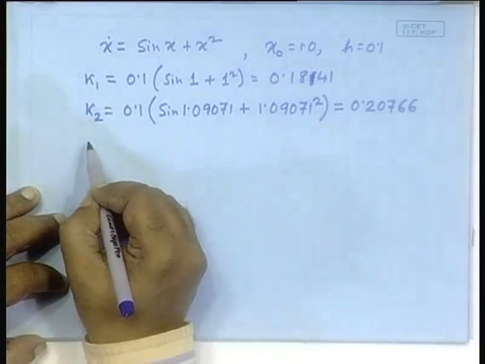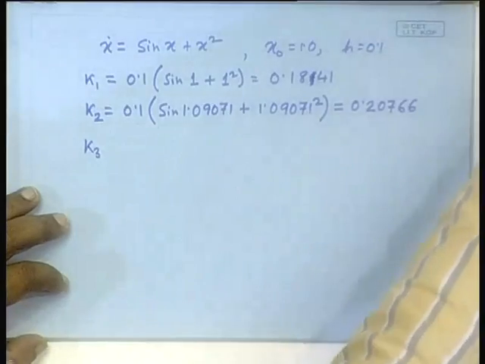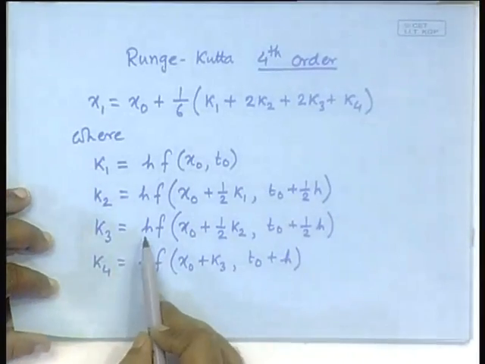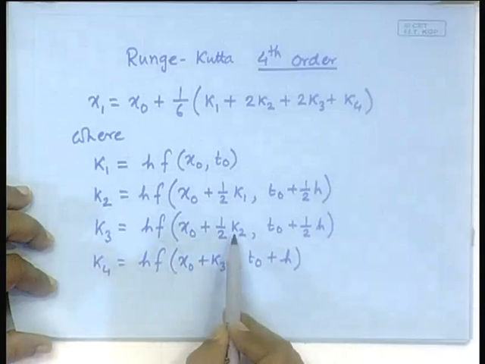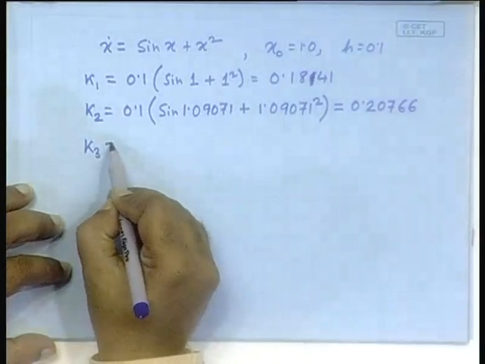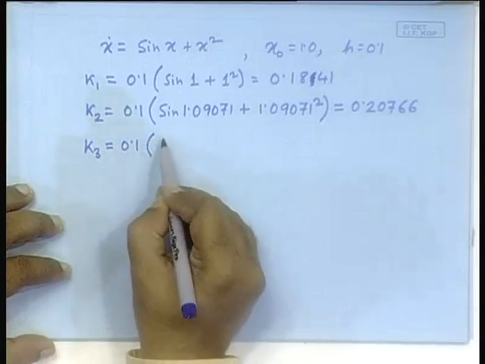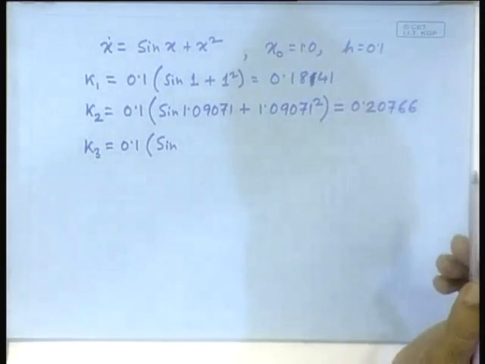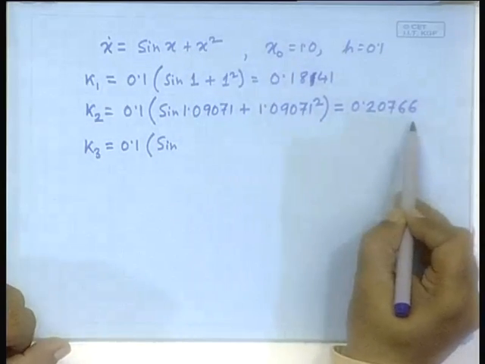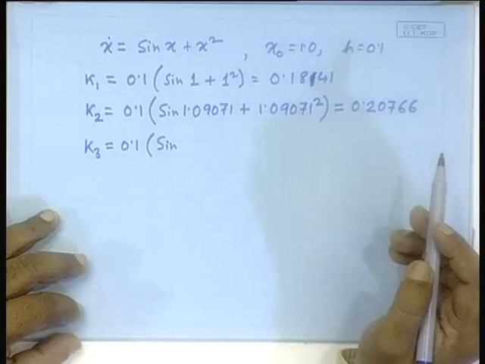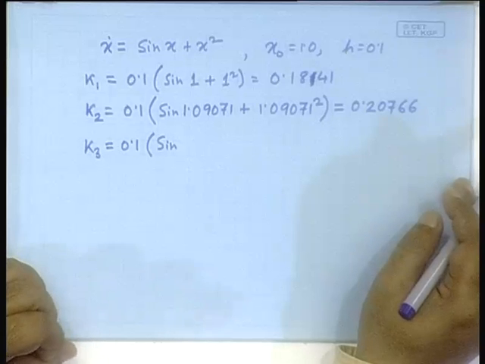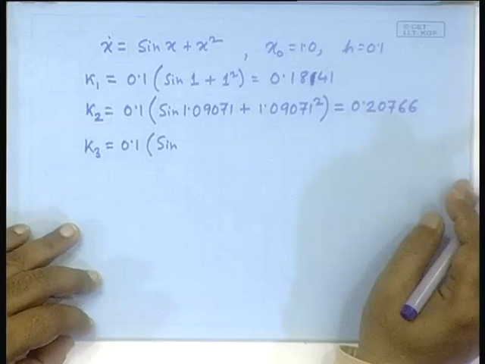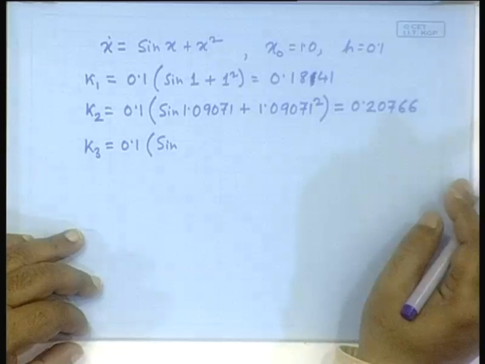Okay. Now you have k3, which will be h times f of x naught plus half k2. K2 is now known. Substitute it here. You get what? 0.1 times sine of what? X naught plus half of this. It will change, sine 1.092 plus that is 0.184.